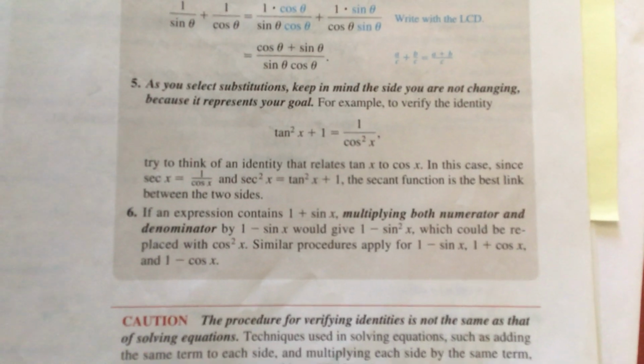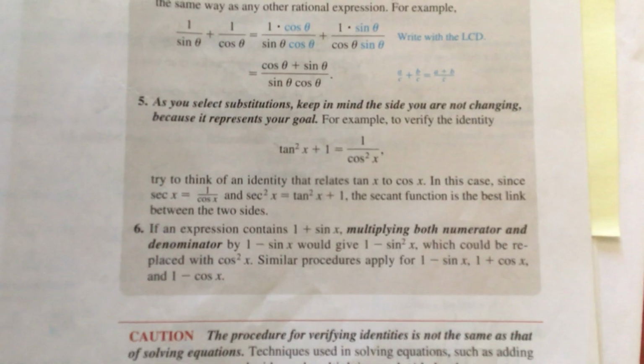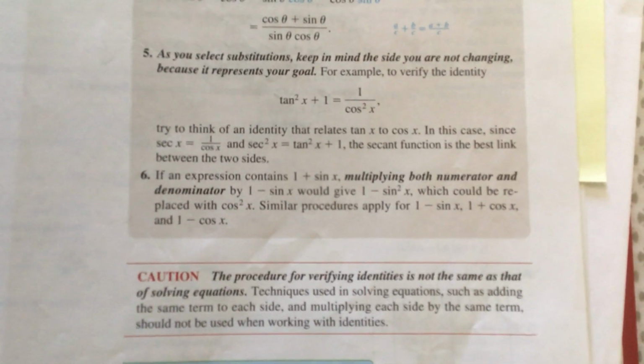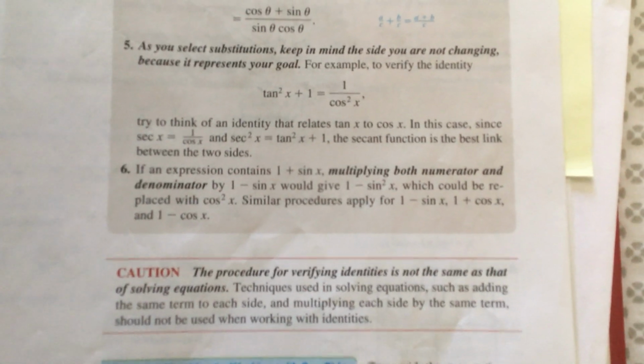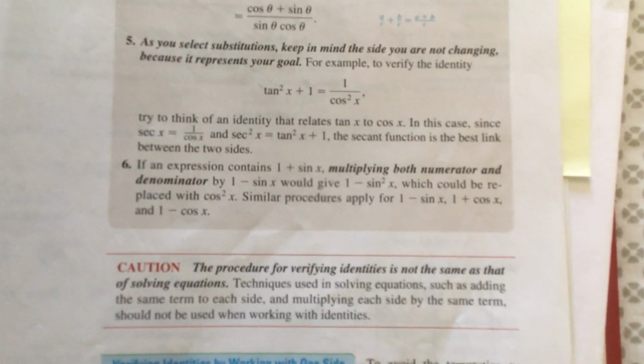When you're looking at fundamental identities, sometimes you substitute things in for other things. Those are good hints. And then multiplying numerator and denominator by 1 minus sine x, that's the conjugate idea.